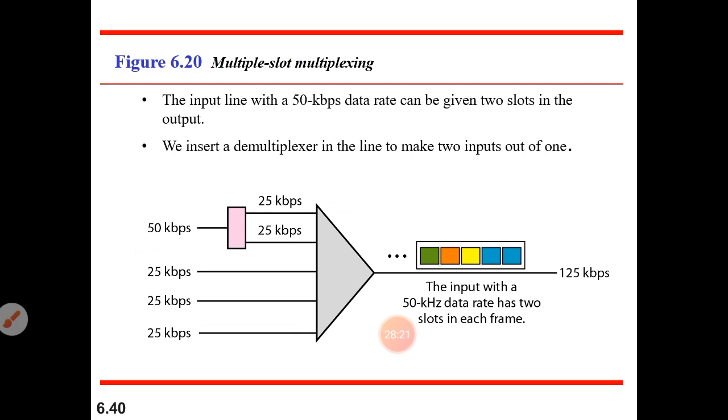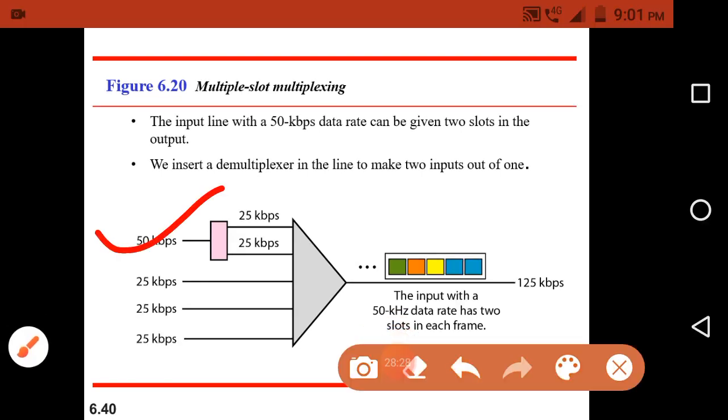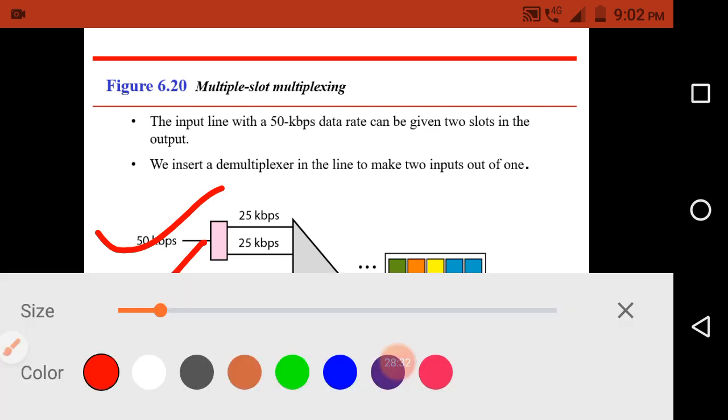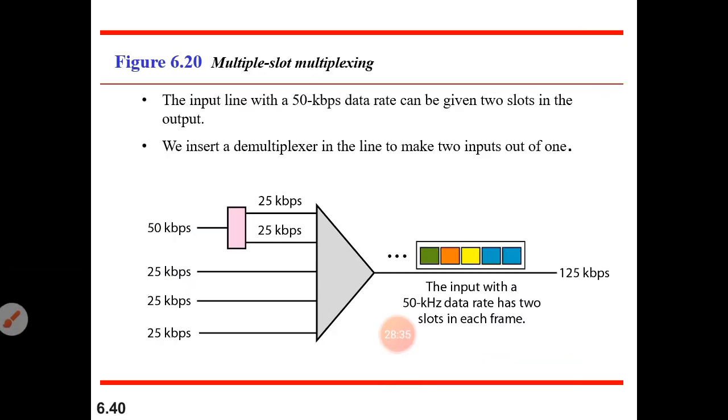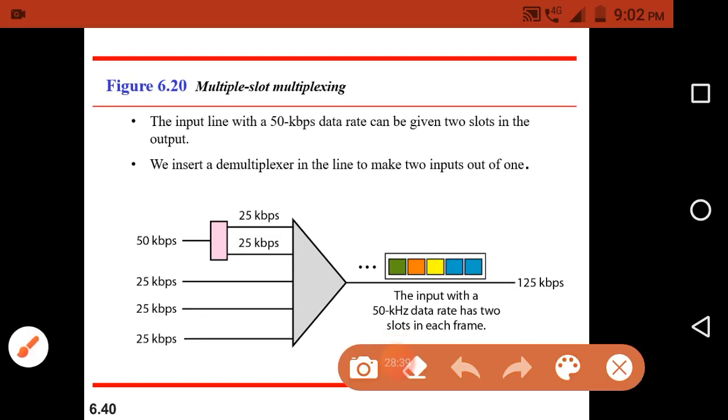Multi-slot. Here one input is 50 kbps and the others are 25 kbps, so there is a mismatch of the data rate. So we need to demultiplex this 50 kbps into 25 kbps and 25 kbps, since 50 is a multiple of 25 kbps.